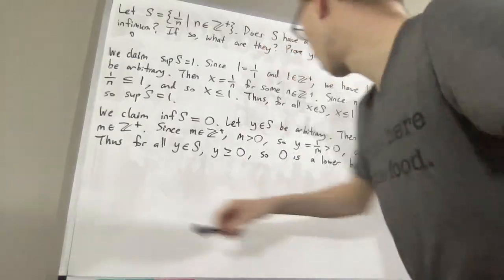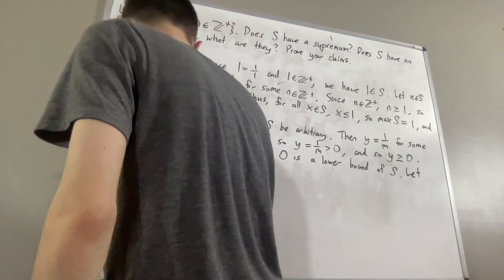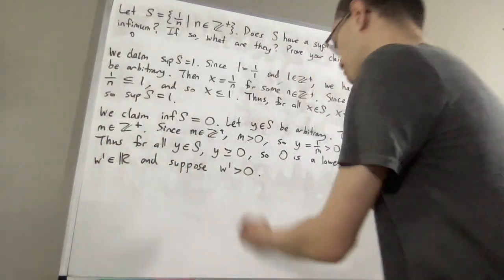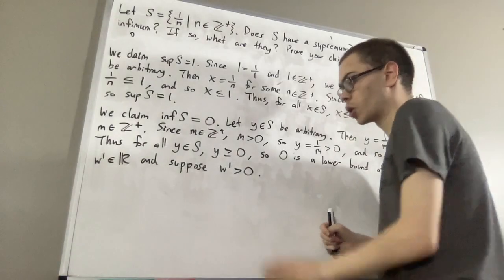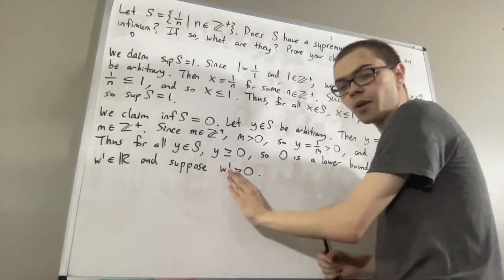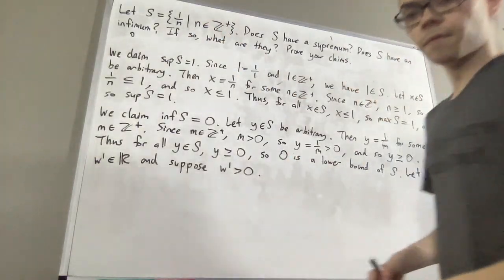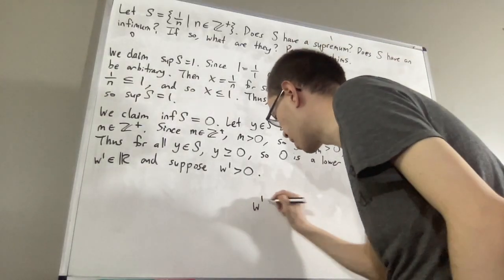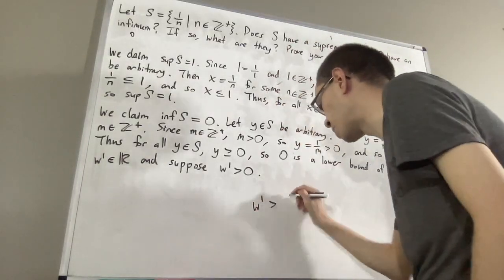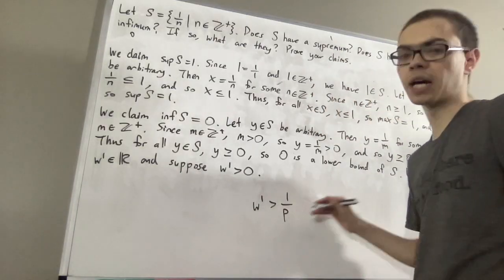So let's let w prime be a real number greater than 0. We want to show w prime is not a lower bound of S. In other words, we want to show that w prime is strictly bigger than some element of S. Now, to show that, we're going to essentially end up with something like w prime is greater than 1 over p, where p is some positive integer.